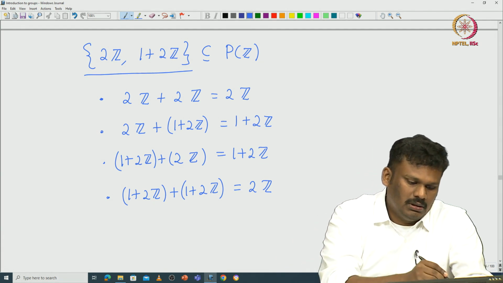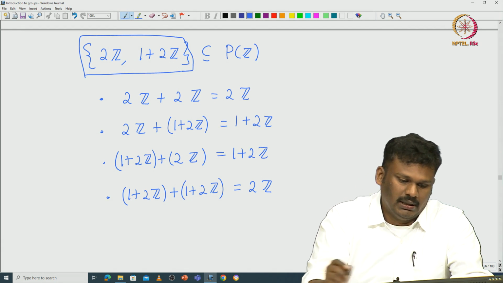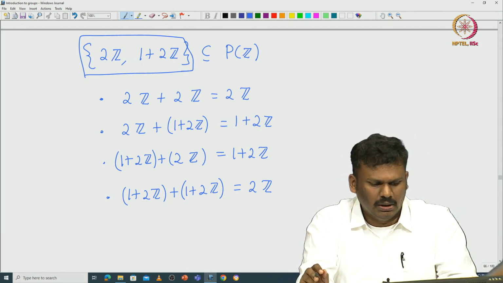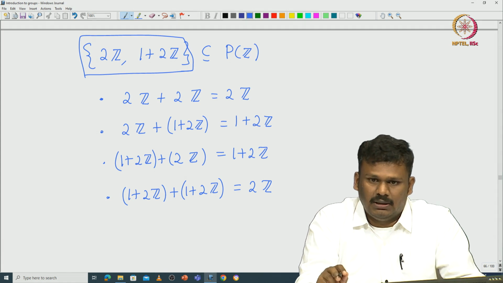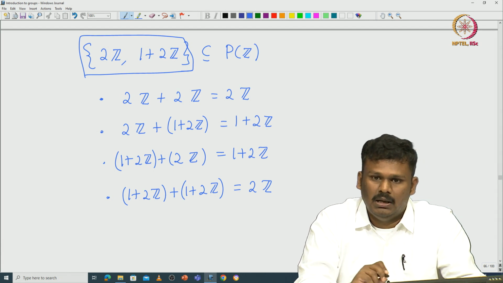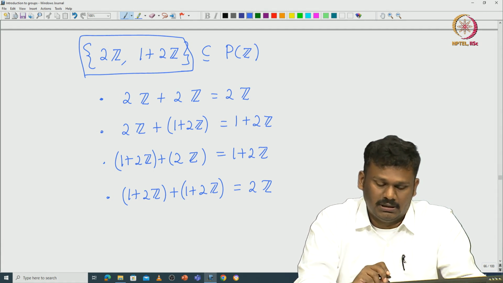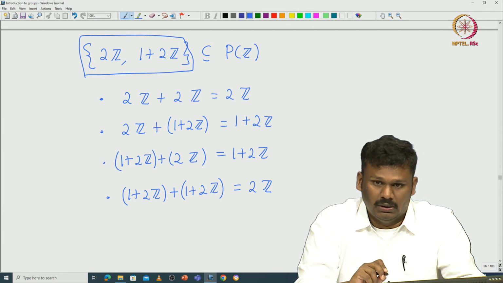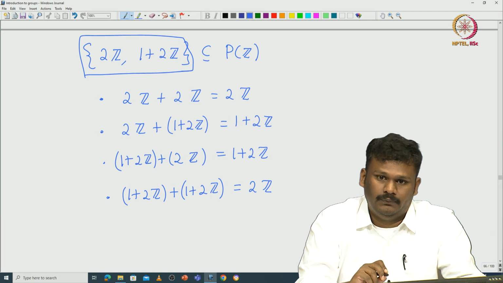Even though this is just a set already coming from the subgroup Z, when we treat these sets as elements, we are able to perform a binary operation, which again we denote by addition, plus. This is what motivates us to do what is called arithmetic modulo 2.